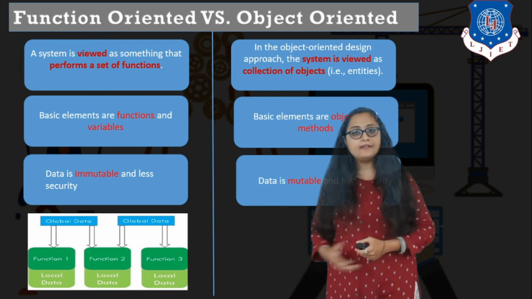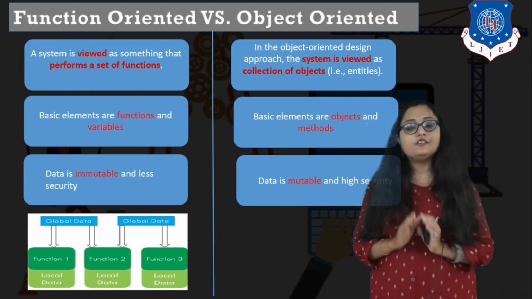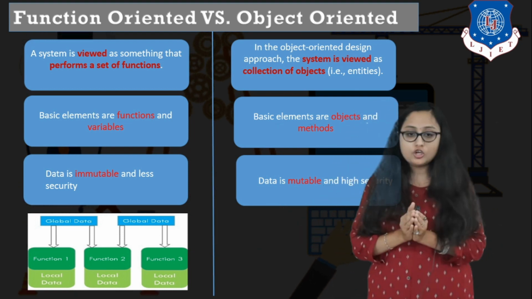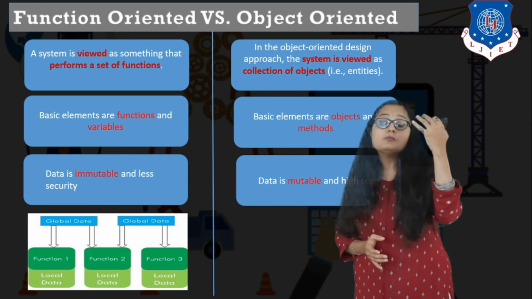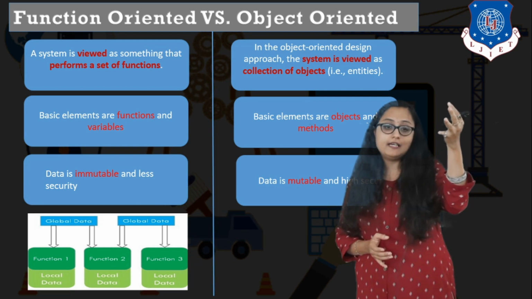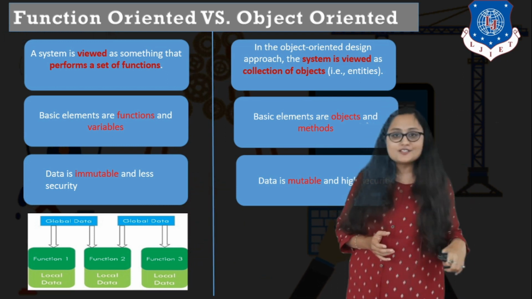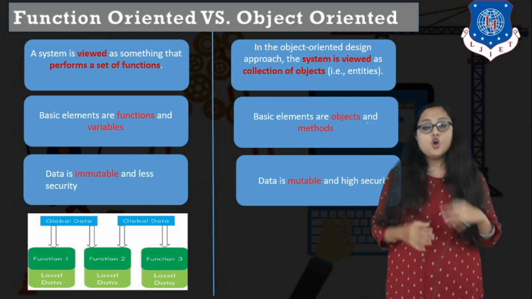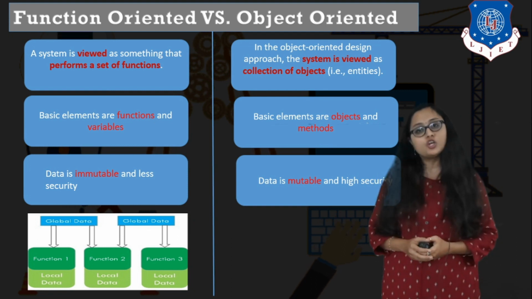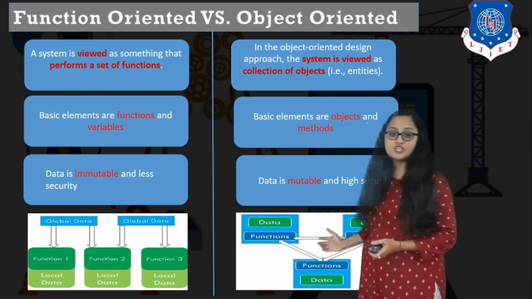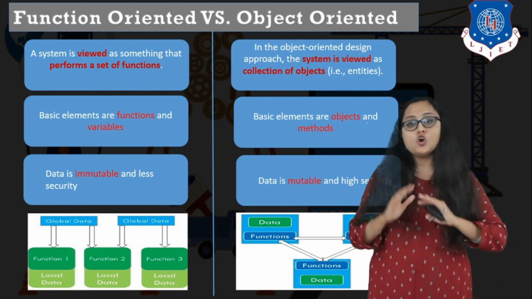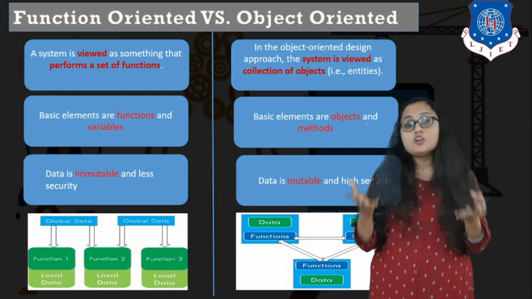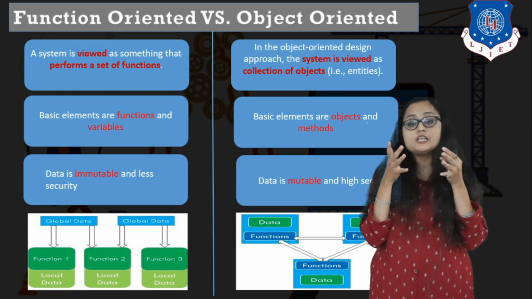Also you can see in this figure that function oriented methodology follows a hierarchy in which you have the global data, and that global data is accessed by the functions, right? Also the function consists of its local data, whereas in object oriented methodology you have a class concept, right? Also you are focusing on the object, you are focusing on the data.